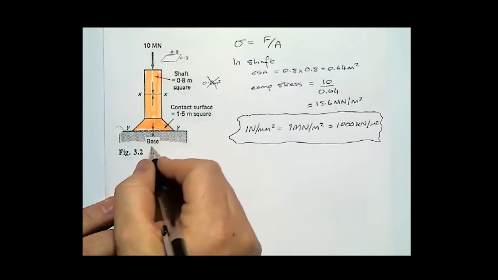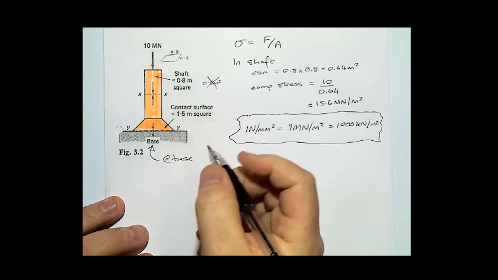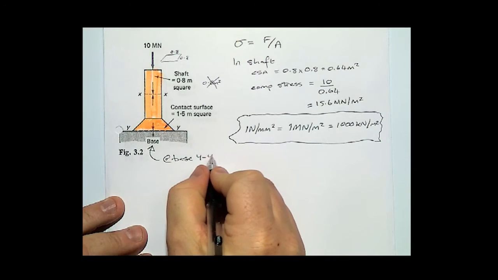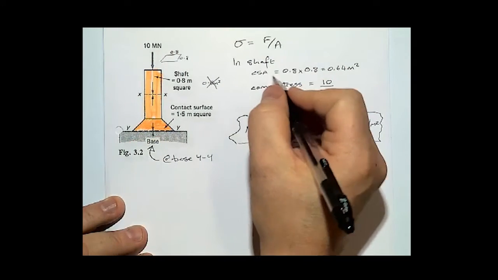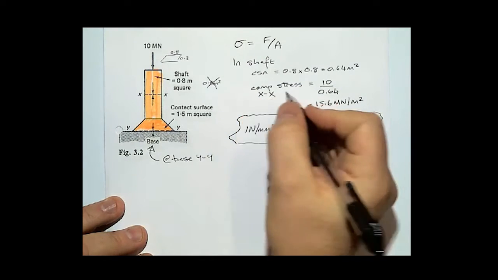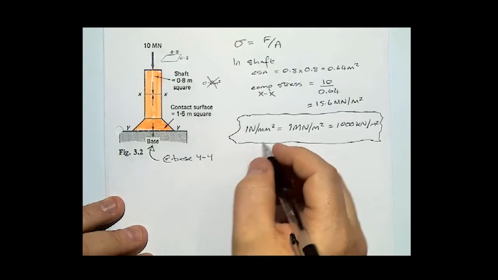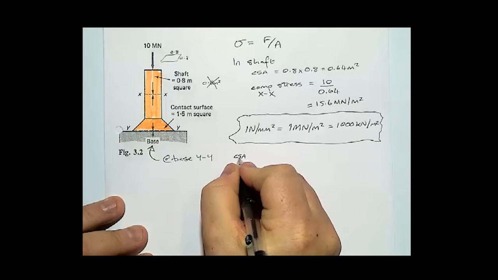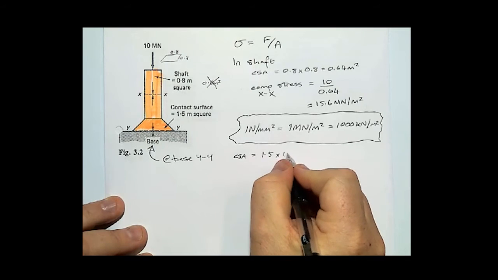And then at the base, you've got a cross section. The cross section in the shaft is Y, and the compressive stress was X. So the area is 1.5 times 1.5.